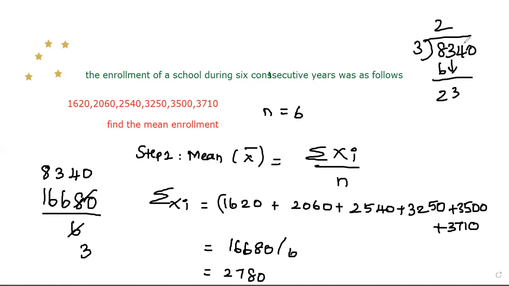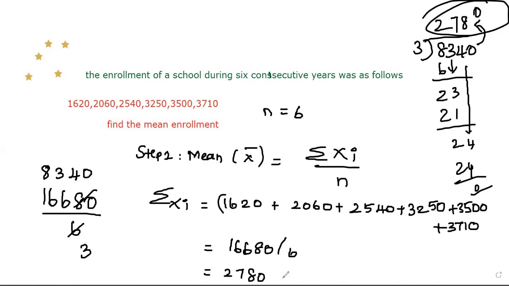Bring this down. 7 3s are 21, remainder is 2. Bring this down. 4. 8 3s are 24, remainder 0. 2780 is the answer. Yes, good. Please note it down.